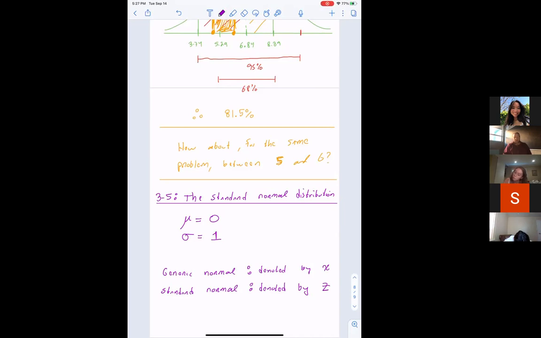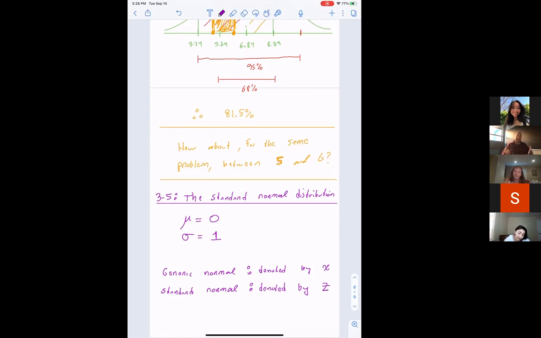And what's really, really, really awesome is that we can turn any normal into a standard normal. Why is this convenient? Because imagine the days before calculators and before computers when you had tables to actually calculate values.